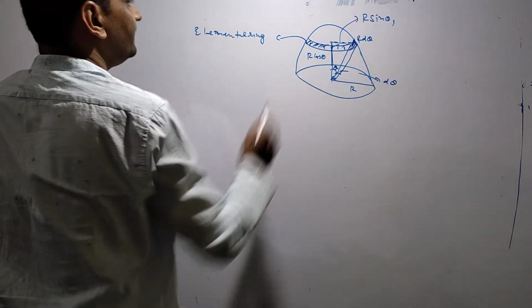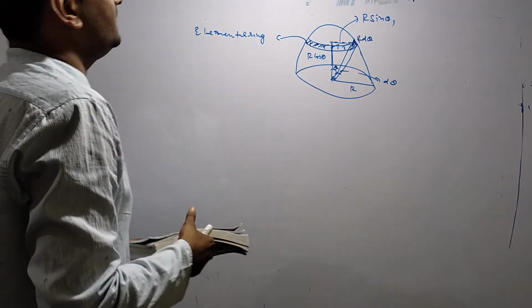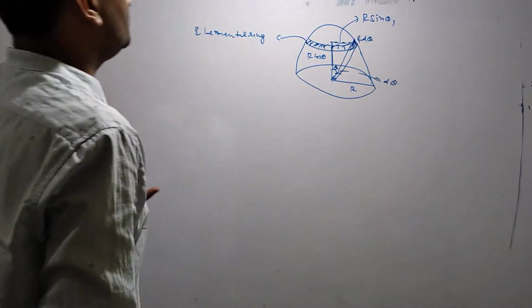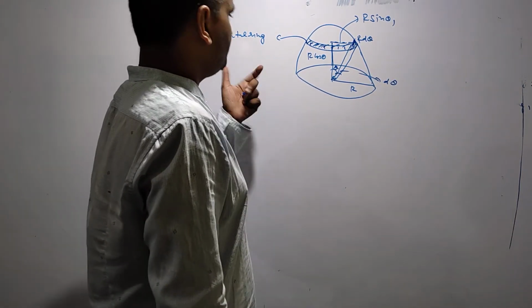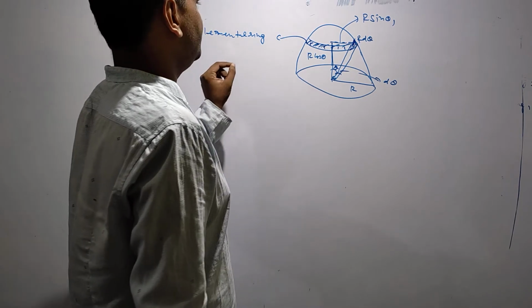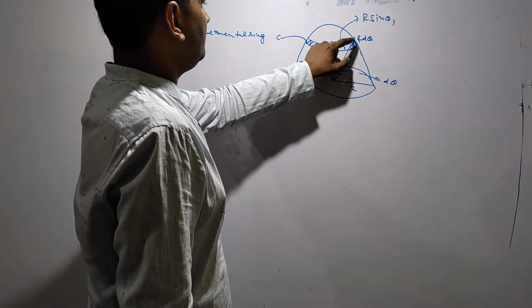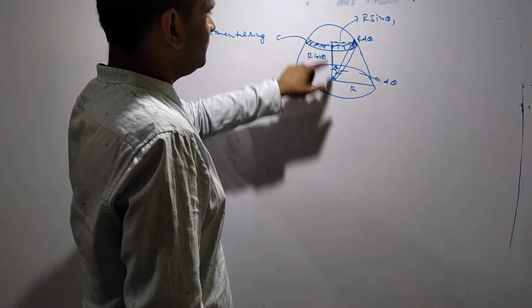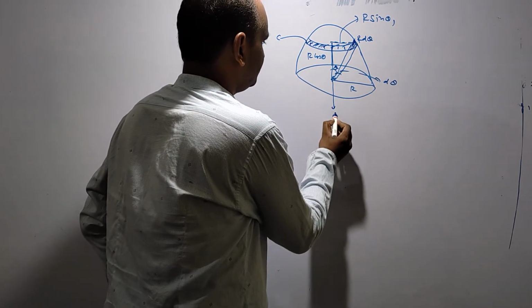So due to this ring, we need to develop an expression to find the electric field at this point. Once you are able to compute the value of electric field due to this elemental ring, this area contains some charge, and this stationary charge will produce electric field at this point, and we know the ring will produce electric field in this direction.